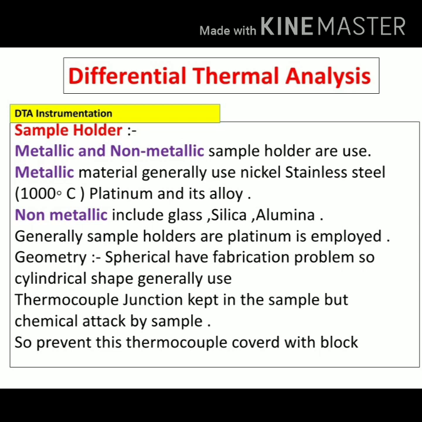Geometry of the sample holder. Geometry means the shape of the sample holders. Shape means, for example, a bottle is a spherical shape and a conical flask is a triangular shape. Generally two shapes of sample holders are used: spherical sample holders and tubular sample holders.